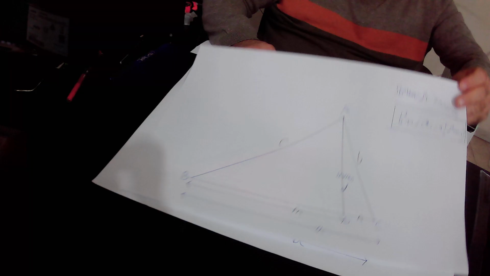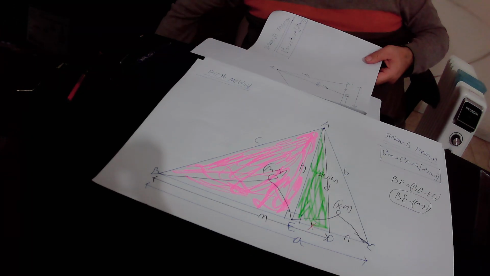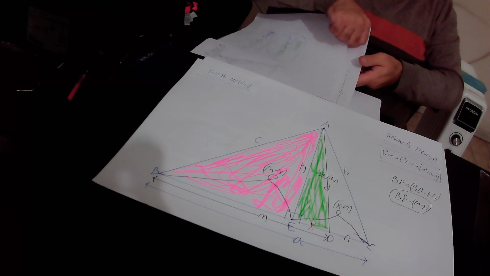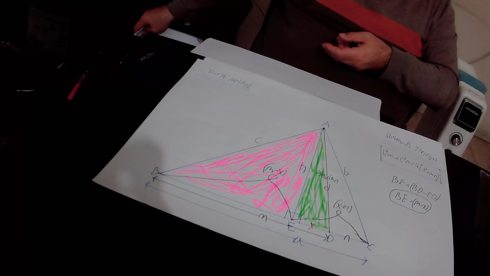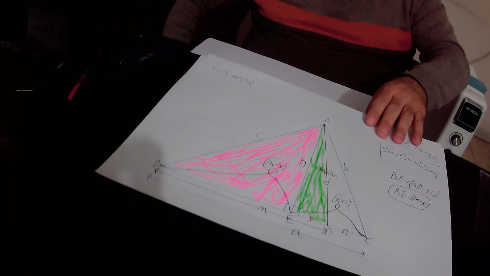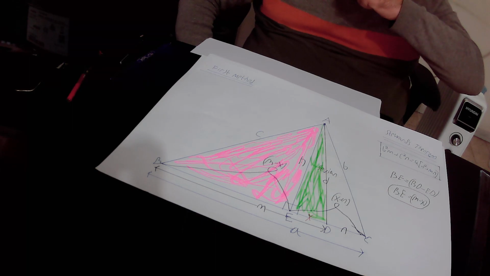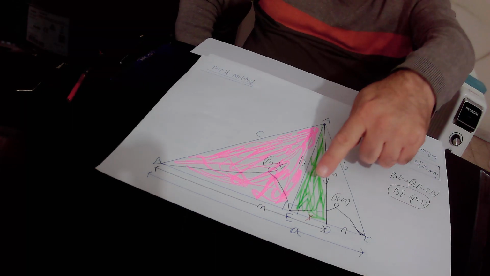In the first method, we did a construction. That is to say, from point A we draw a perpendicular on BC.